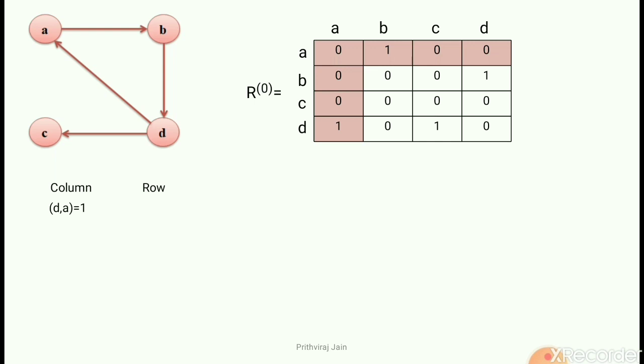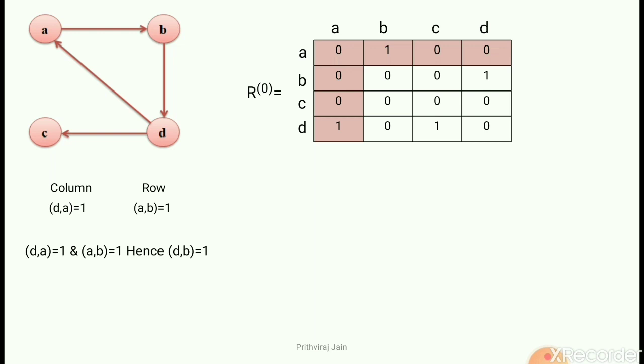If you consider the column, we have a non-zero value at d comma a. We'll record that value, and only one value in the column is non-zero. If you see row wise, only one non-zero value is present, that is a comma b.